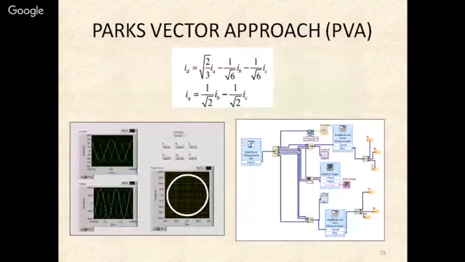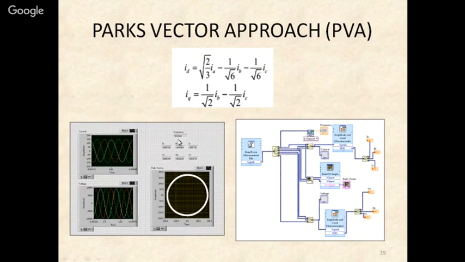Then we have another approach called the Park's vector approach. In this case, the three-phase current of the motor is transformed into a two-phase system. That is, we are now calculating the quadrature and direct axis of the current, and these are used to further form a Park's vector circle.